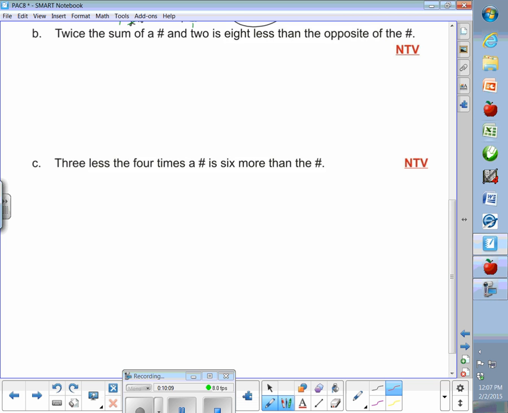So again, this problem, same as the other one, n equals the number. Not a whole lot there, but it really does get us organized, and it'll begin to matter. The more complex the problems get, the more important NTV becomes. So just get it in your process now so that when they're more complicated, we're already used to it and we'll know what to do with it.